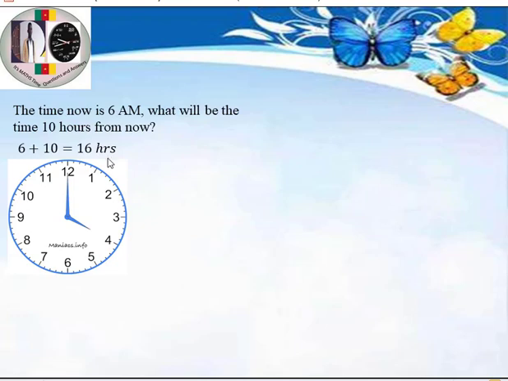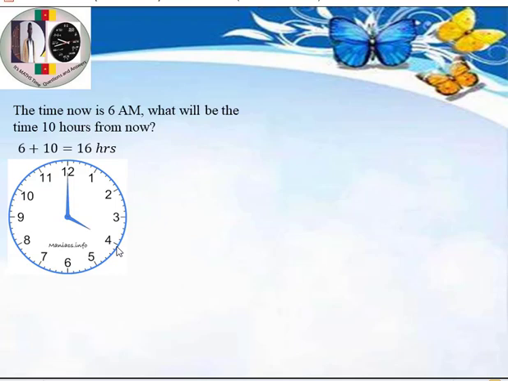But remember, our clock is circling around the number 12. So instead of our clock giving us 16 hours, when it gets to 12, it will start counting 1 again, 2, 3, 4. So it will go 1 circle, remainder 4. Let's now use this number 16 to get the time 10 hours from now.